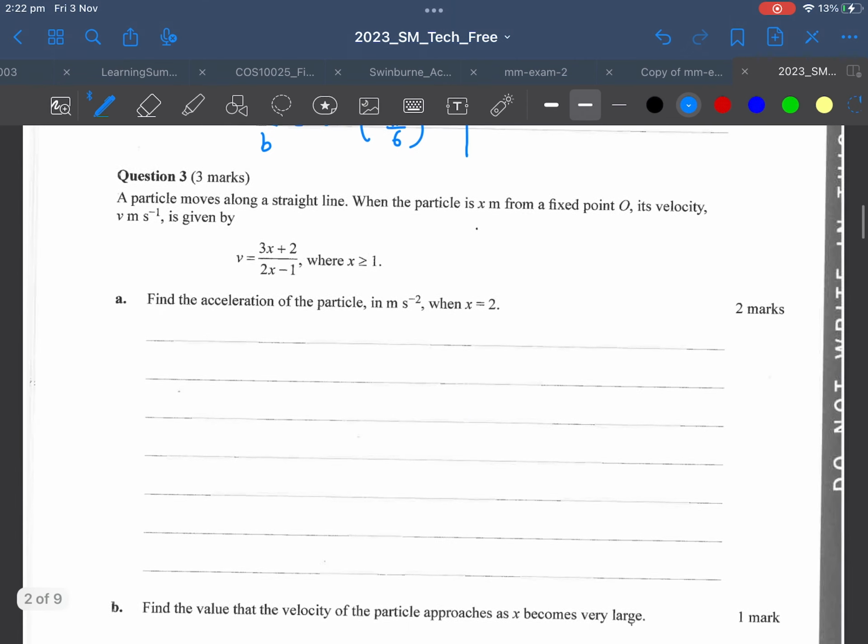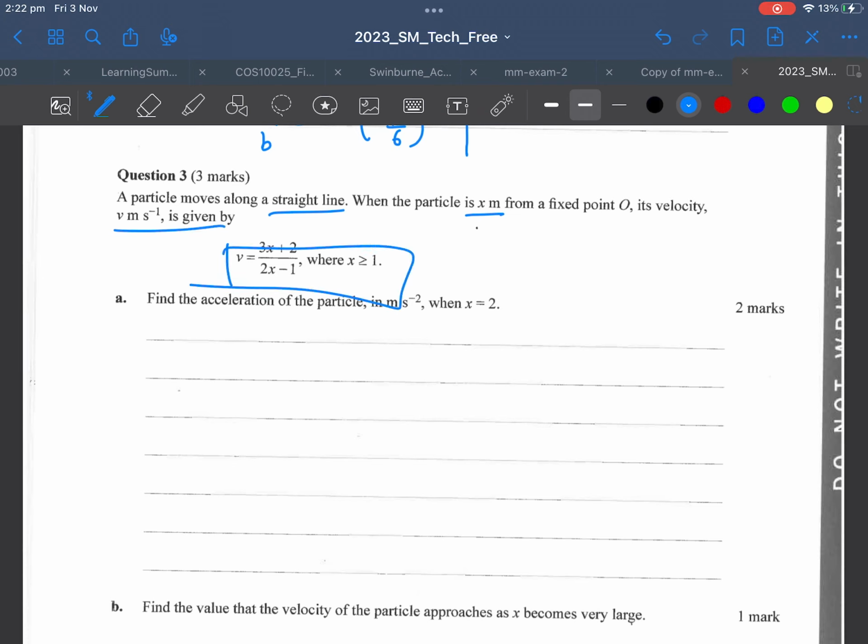Okay. A particle moves along a straight line. When a particle is x meters from the origin, its velocity is given by this. Okay, cool. We have to find the acceleration of this particle when x equals to 2. So, let me just do the long division of this real quick.